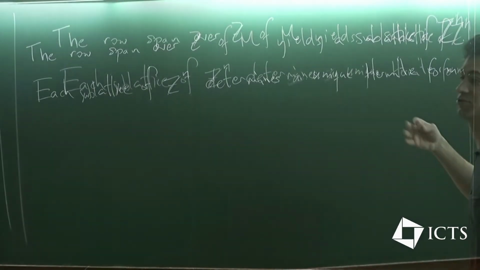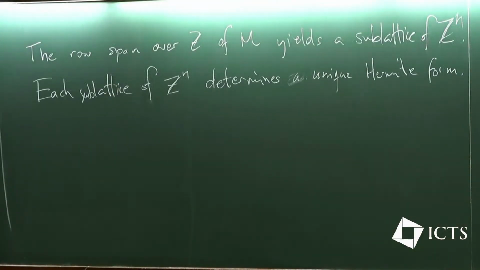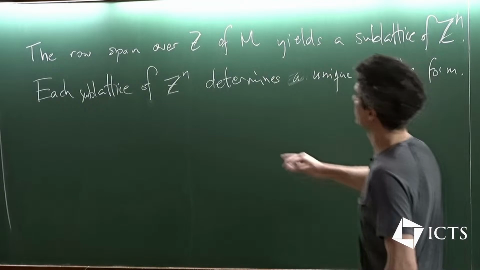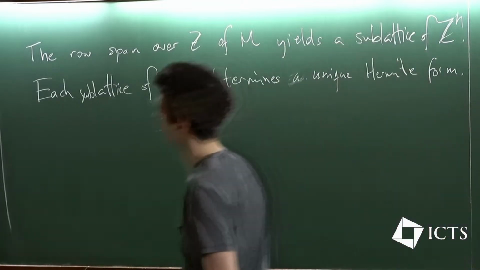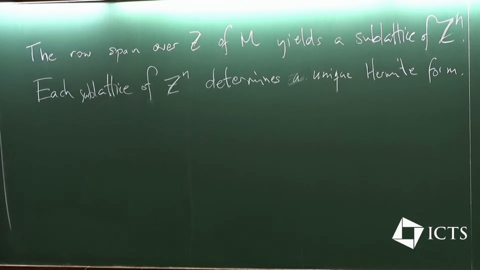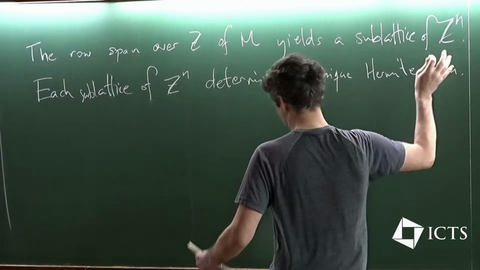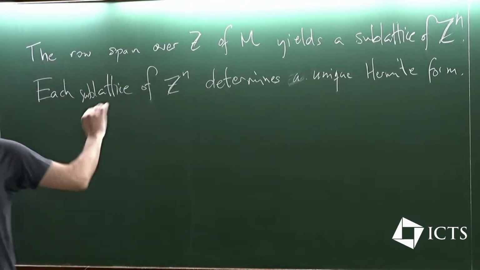Choose a basis, for example. So each sublattice has associated with it a Hermite normal form, a matrix of this type with those properties. Of course, that requires some sort of basis there, so I'm not writing that.